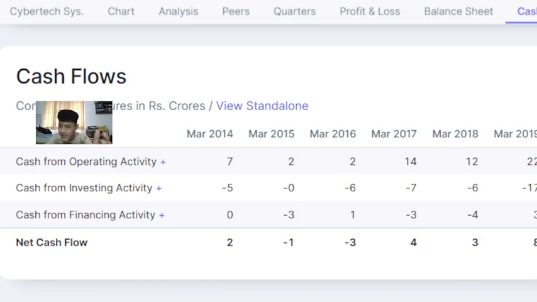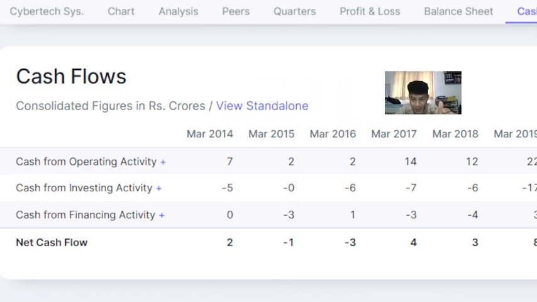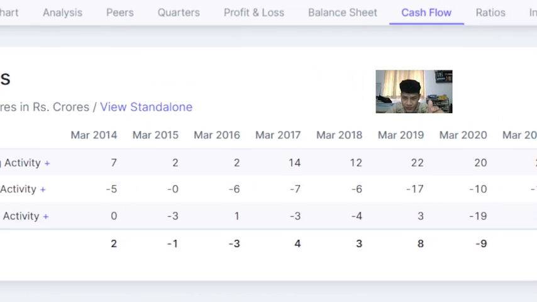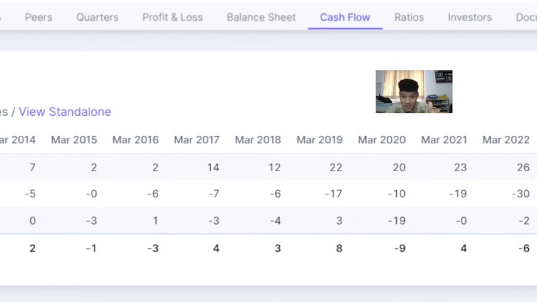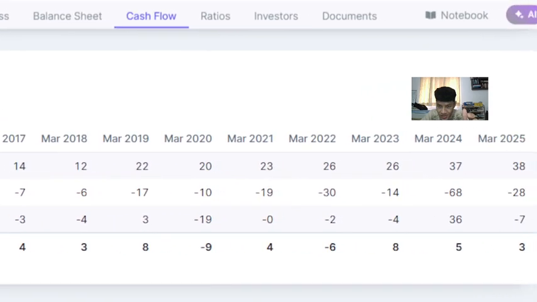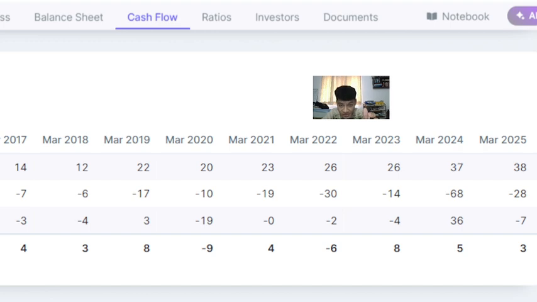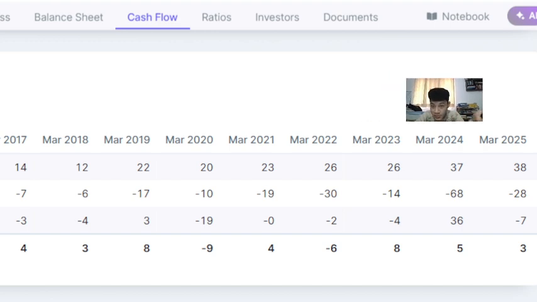So cash from operating activity was 7 crores in 2018. Massive dip in 2015. Then 2021, 23 crores, nice increase. Then 2022 and 2023, 26 crores. 2024, massive rise, 37 crores.